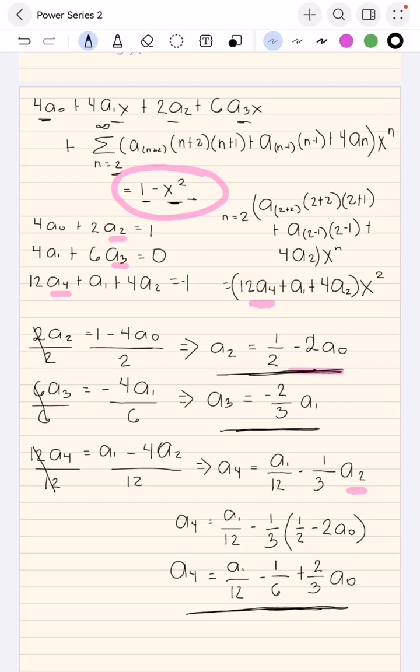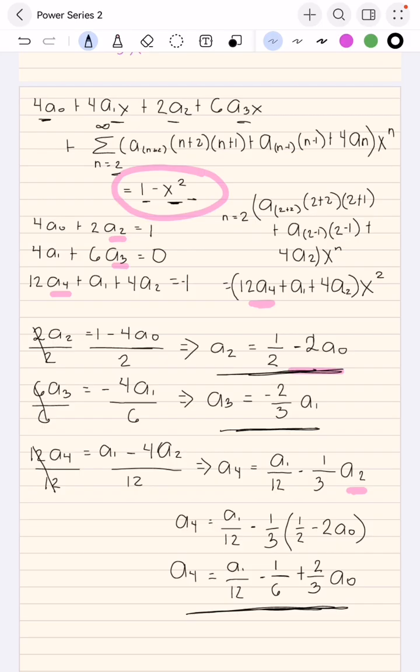Now for our, wait a minute, it's getting hot.